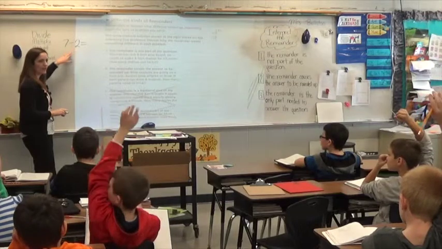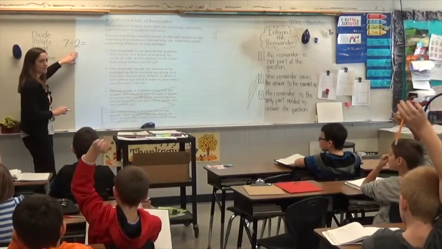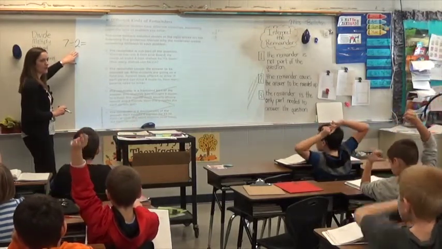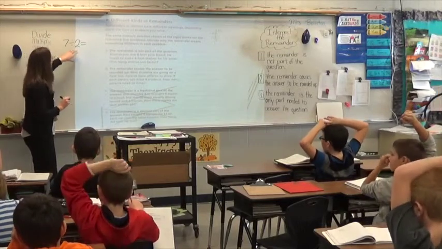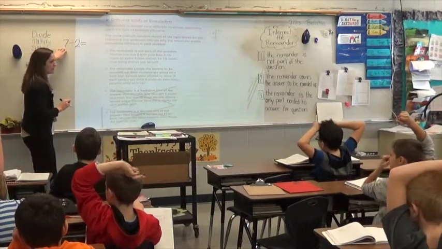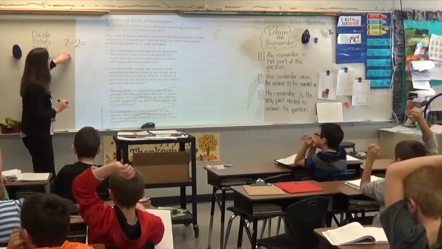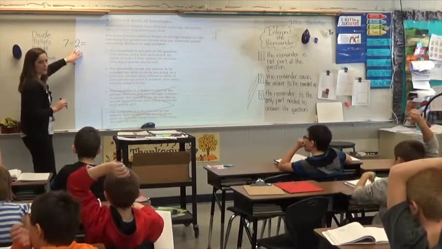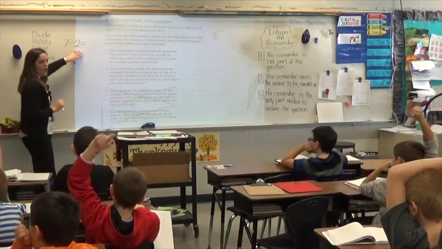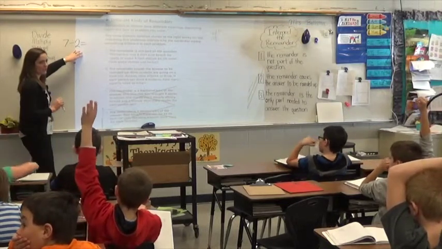Can we think of it that way? Let's think about that again. If I have 7 apples and I want to divide them up evenly between 2 people, how many will each person get?